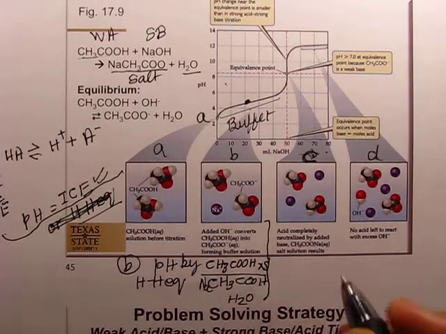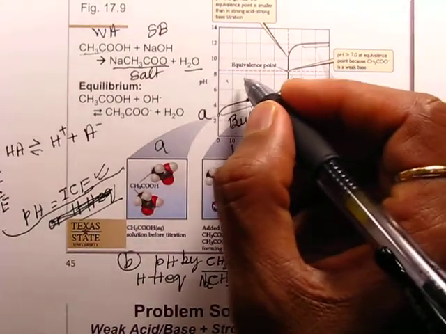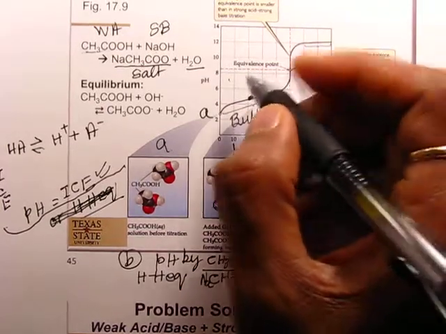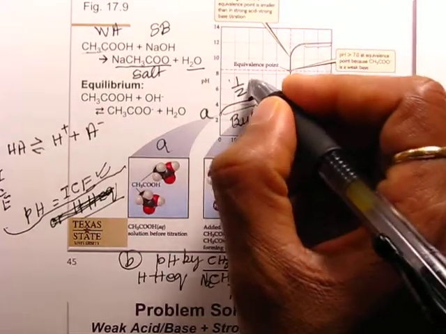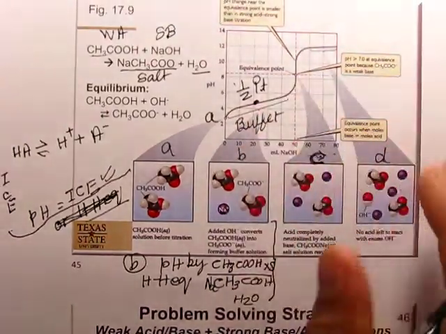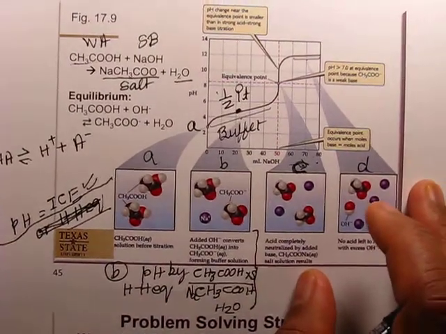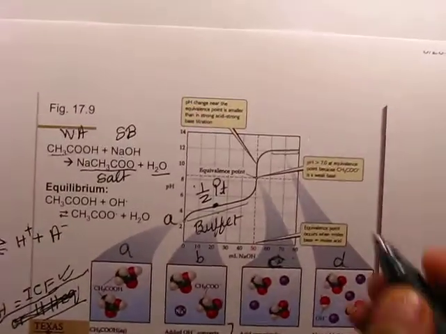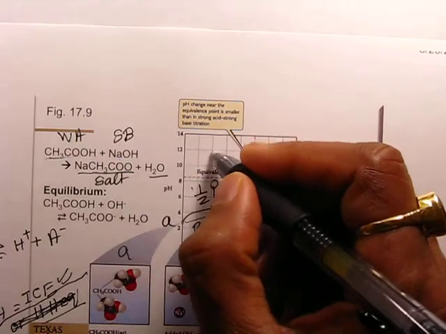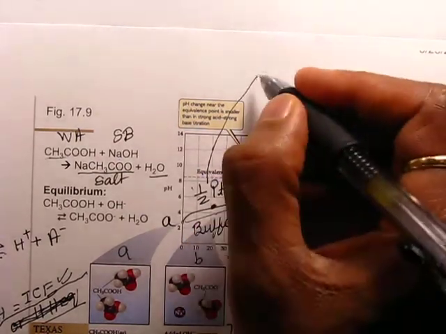And here is a very important thing: once we reach the half point of the buffer, before the equivalence point, this is the half point. So what happens at the half point of B?